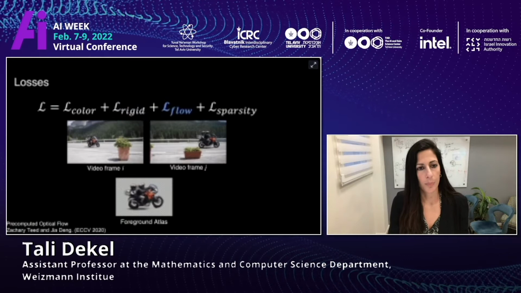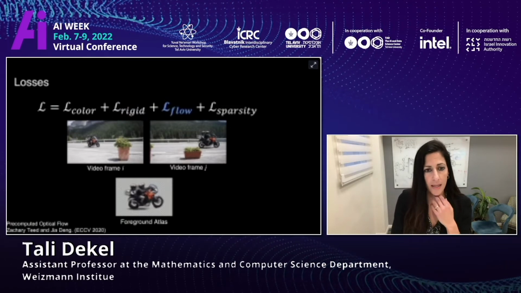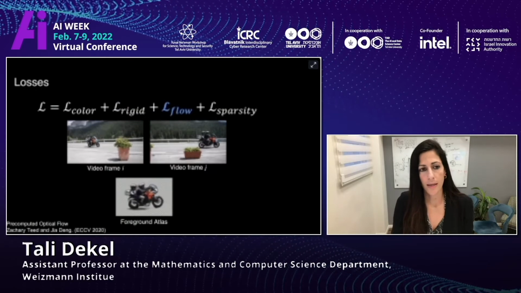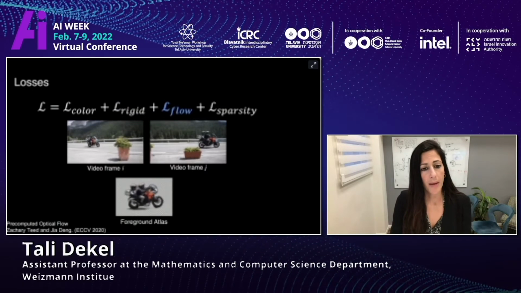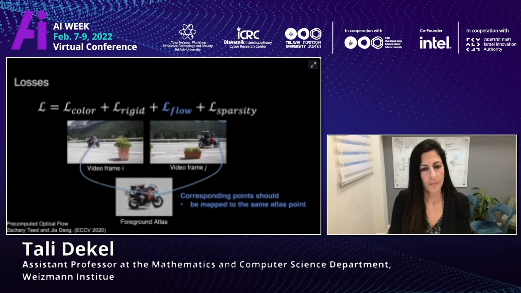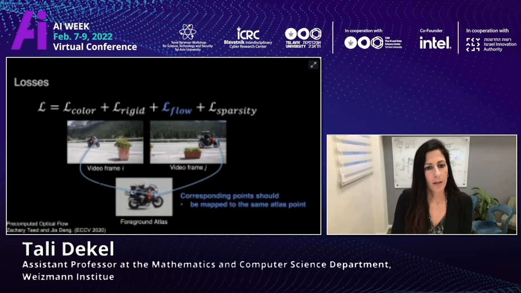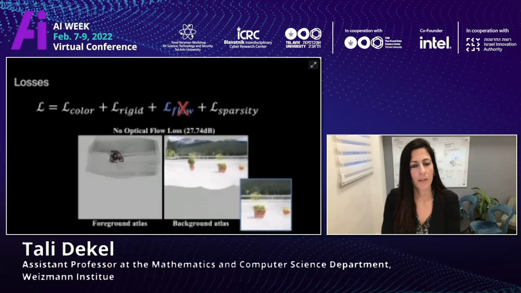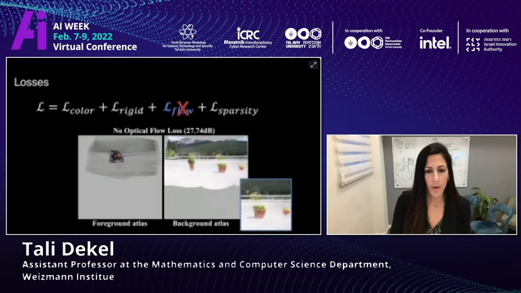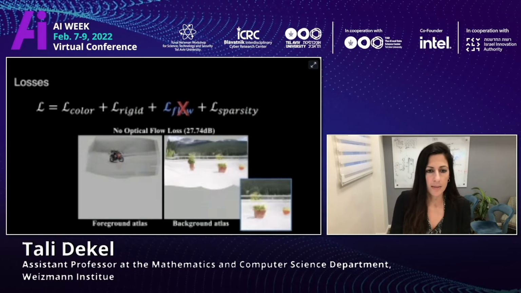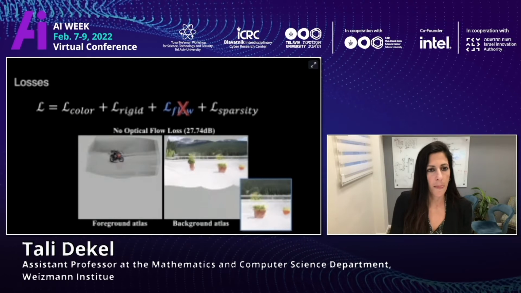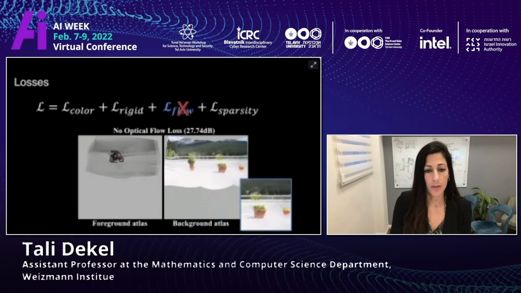We compute optical flow using an off-the-shelf technique, and then we encourage corresponding points in different frames to be mapped to the same atlas point. Without this loss, it is surprising, but as you can see here, we are still able to nicely decompose the foreground and background, but the atlas does contain some distortions, as you can see in the zoomed-in region here. The optical flow loss prevents that.